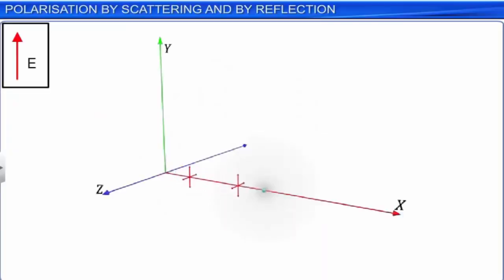Now, if an unpolarized light, like the sunlight, propagates through the atmospheric air in the direction of the x-axis, different electrons of the air molecules oscillate in different directions and scatter light in different directions. If we look at the light scattered sideways by gas molecules, we can find that it is wholly or partially polarized.